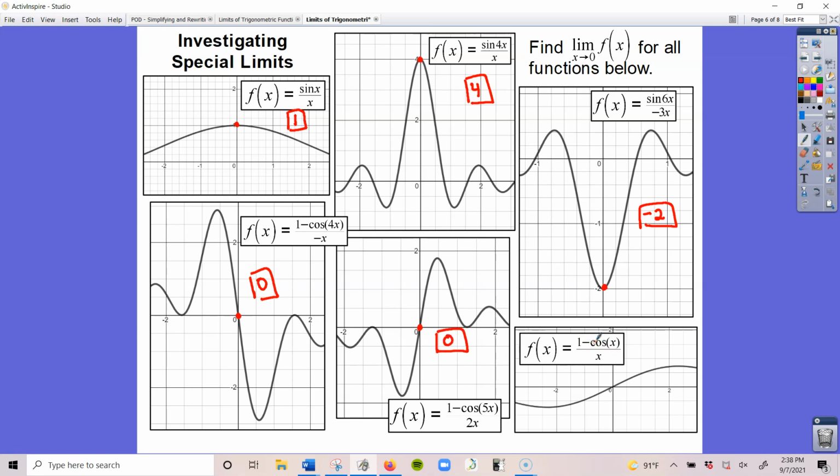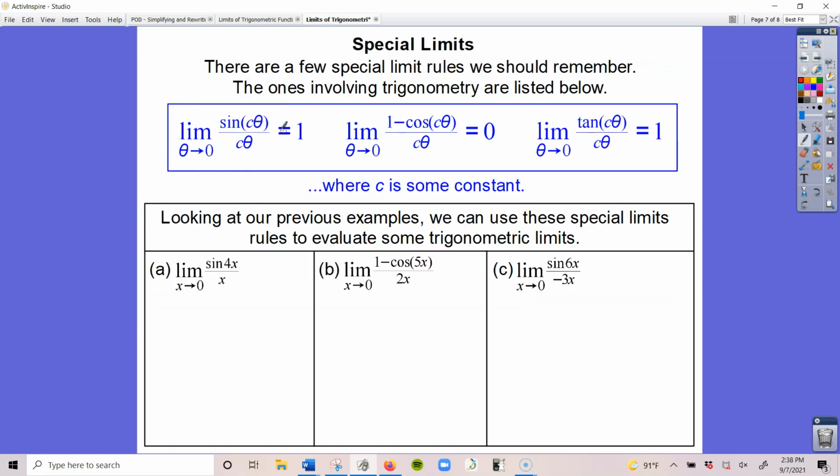Last one, 1 minus cosine x over x, the limit as x approaches 0 is 0. So these are what's called special limits, and these are their properties. These are the three most commonly used special limits when it comes to trigonometric functions.